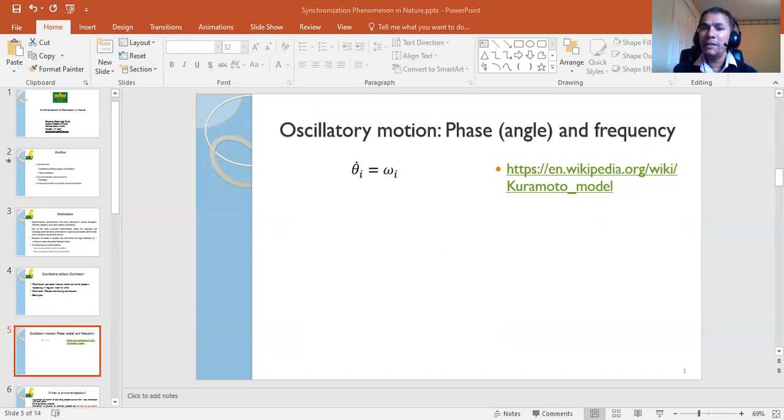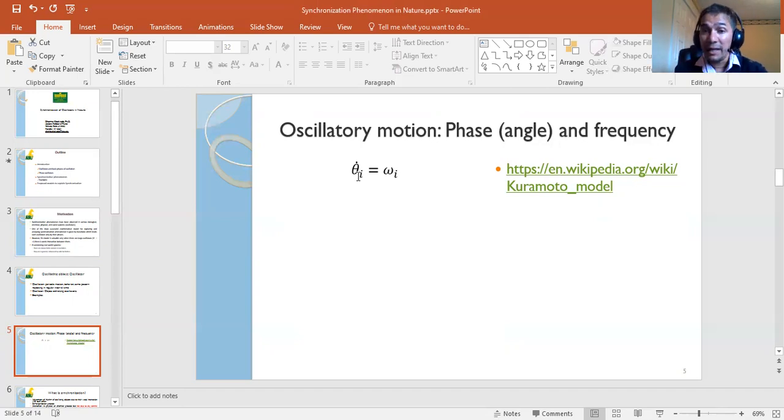The angle made by these oscillators somehow depends on the frequency. How often they rotate is called frequency. So the angle is related to frequency, and for now, we can simply stick with this plain definition.